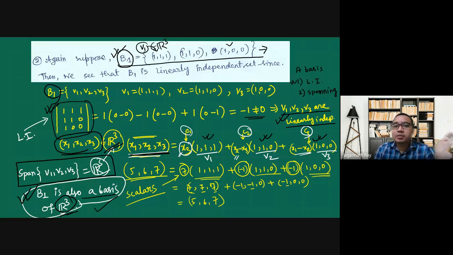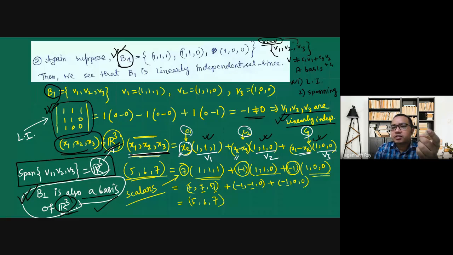In a different case, we may have some three vectors V1, V2, and V3. We will select one vector V from the vector space. If this V cannot be written as C1 V1 plus C2 V2 plus C3 V3, then we say that the given set is not a basis, because it is not able to give us this linear combination.